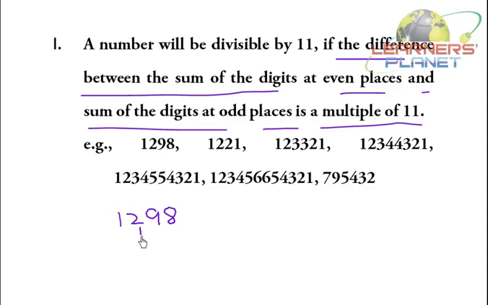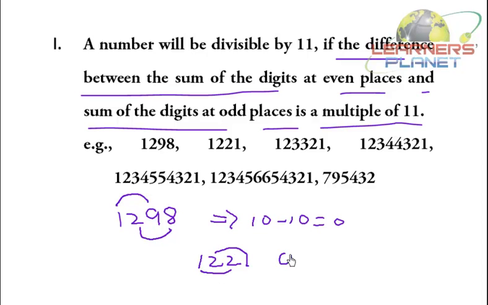In this method, 2 plus 8, 10, and 9 plus 1, 10. 10 minus 10, 0. So the number 1298 will be divisible by 11. Similarly, in this case, 1221, it's 2 plus 1, 3, it's 2 plus 1, 3. So we are getting the mutual difference as 0. So the number 1221 will also be divisible by 11.